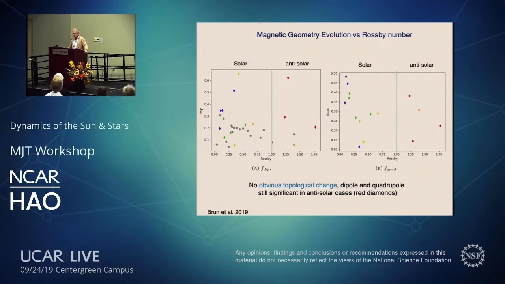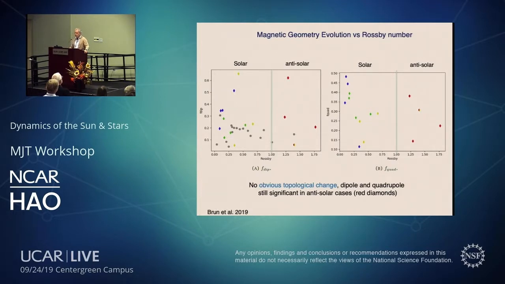And indeed, here we have computed what we call F-dip, the fraction of the dipole with respect to all the other modes. So here we have the 15 cases, plus the gray dots are 17 cases from using the ULAC code. So here we have results coming from 2 different codes.